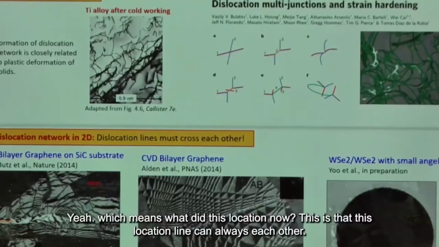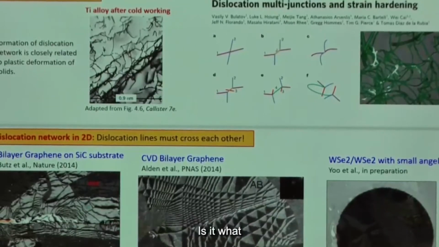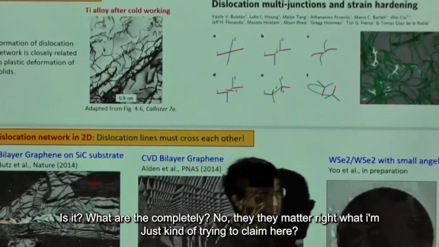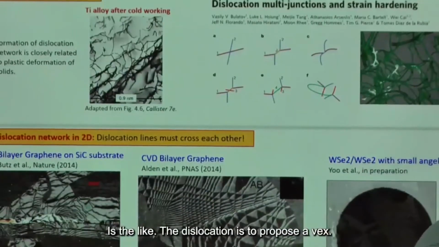Now you force all the dislocation lines into 2D, they must cross each other. And as I mentioned, crossing dislocation lines is another complicated matter. What I'm trying to claim here is that the dislocation is a topological defect, and the junction and crossing of dislocation lines, which by the way, AA site is also a topological object, carries its own interesting things.